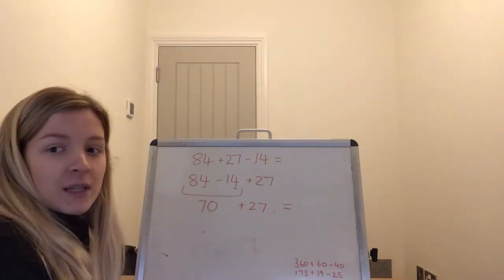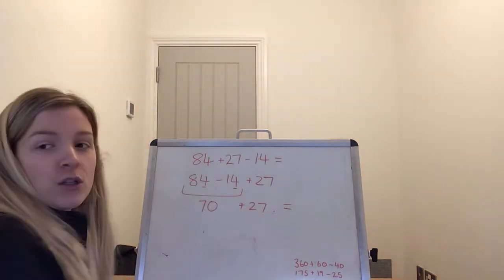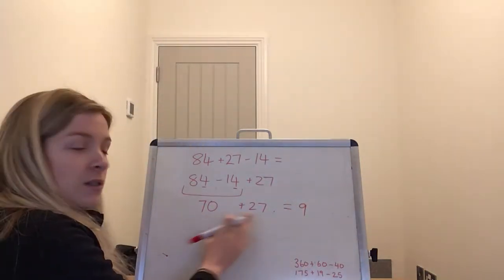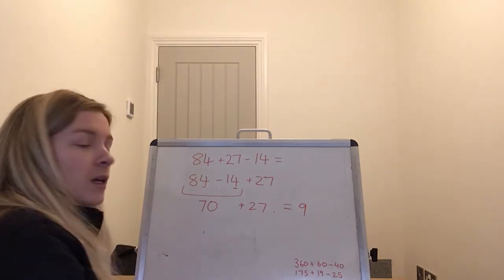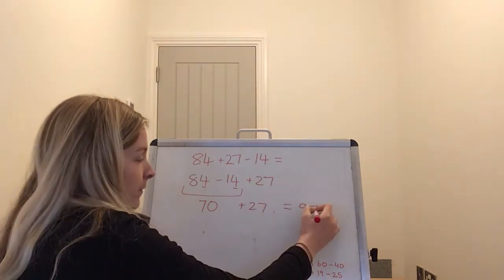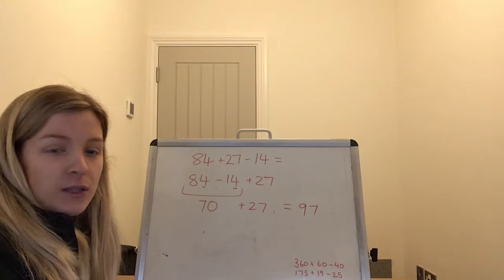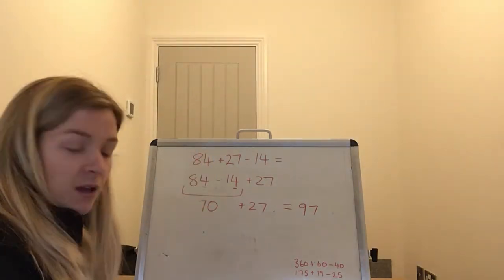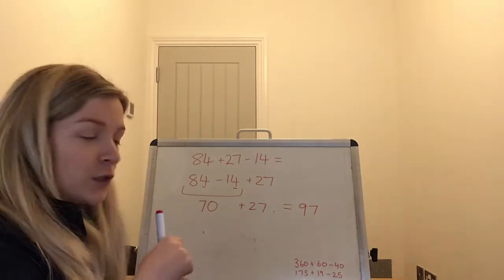So in exactly the same way, 7 tens add 2 tens is 9 tens, 0 ones add 7 ones is 7, and 97 is our answer. Do you see how swapping those steps we were able to do that really quickly? I'm going to put an example up here now for you to have a go at.